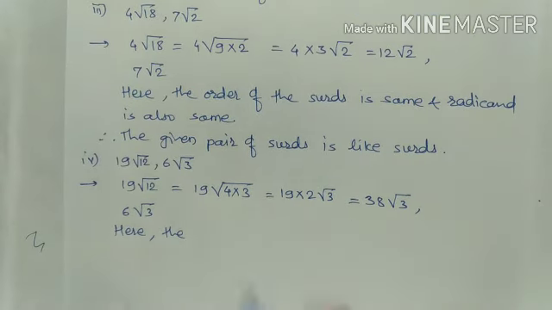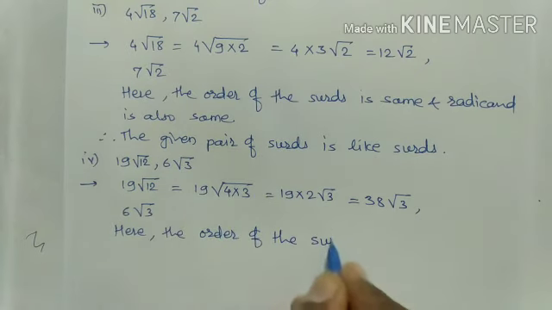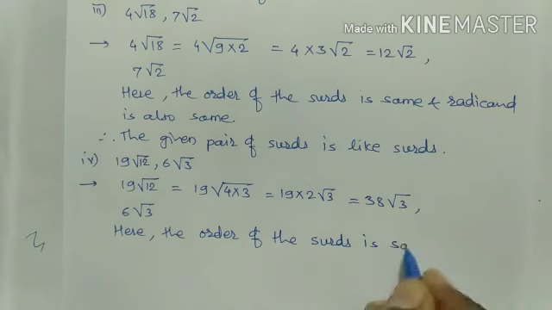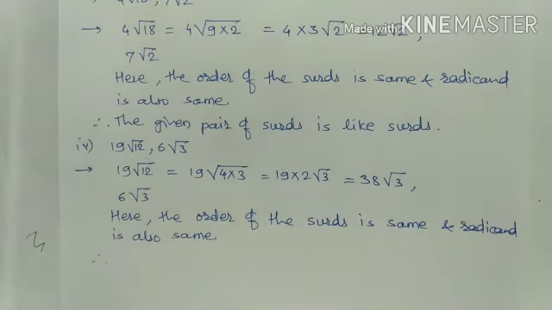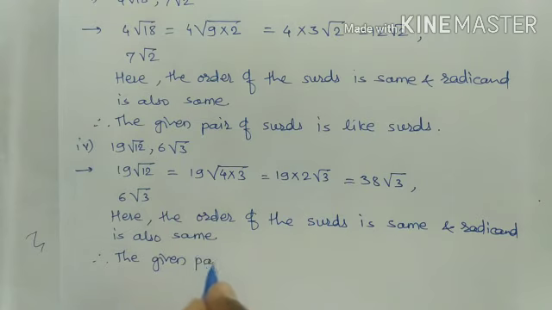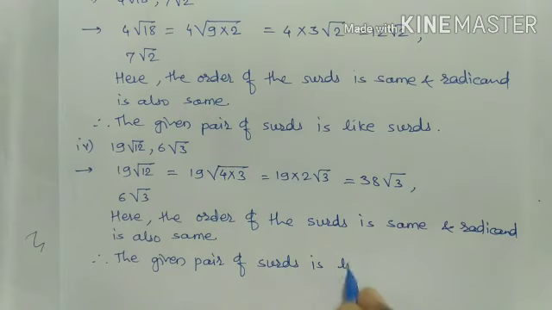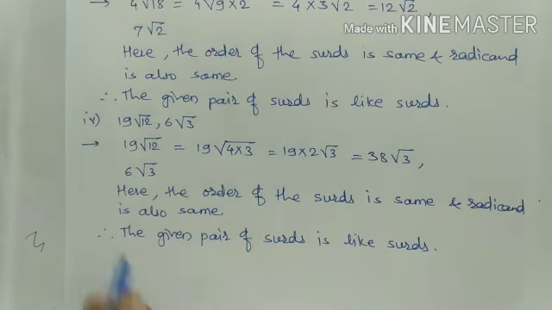So here we write: the order of the surds is same and the radicand is also same, therefore the given pair of surds is like surds. This is an example of like surds.